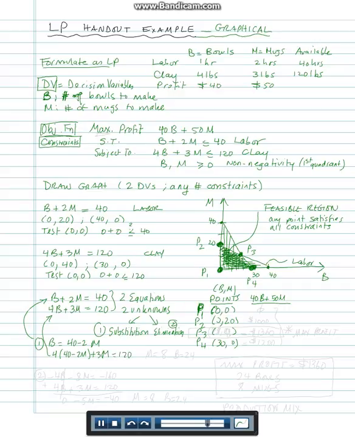I have an equation that's only in M. So I solve for M. I put all M's on one side and all the constants on another side. If I calculate this, you will find that M is equal to 8. And then you come and calculate B. 40 minus 2 times 8, that's 16. B is equal to 24.